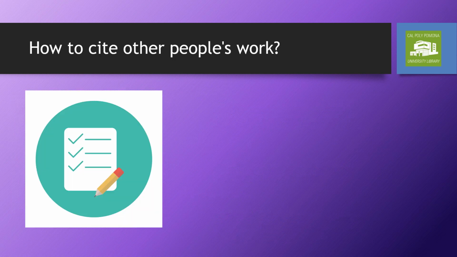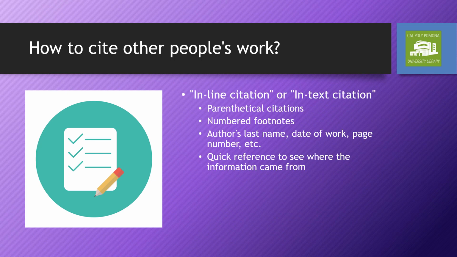But how do you cite what you've quoted, paraphrased, or summarized? To attribute someone else's work as theirs through citation, you'll probably use a method called inline citation or in-text citation. Depending on the style of citation, these could be parenthetical citations or numbered footnotes, and usually include the author's last name, date of work, or page number the idea appears in their work.